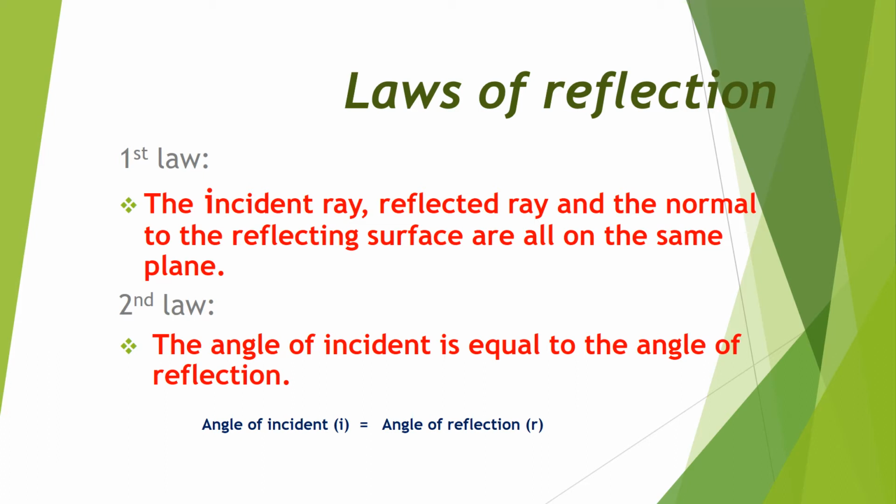The angle of reflection is the angle between the normal and the reflected ray. We can represent the angle of incidence with a simple i and the angle of reflection with a simple r. So, the second law of reflection is that the angle of incidence is equal to the angle of reflection.